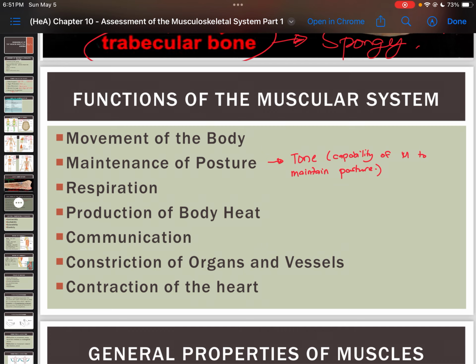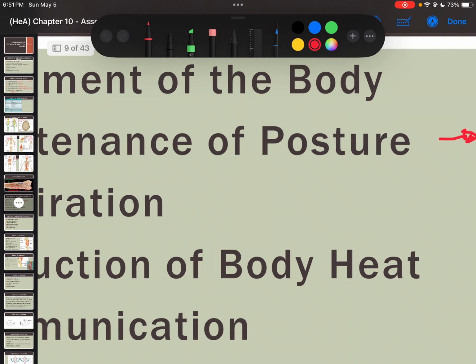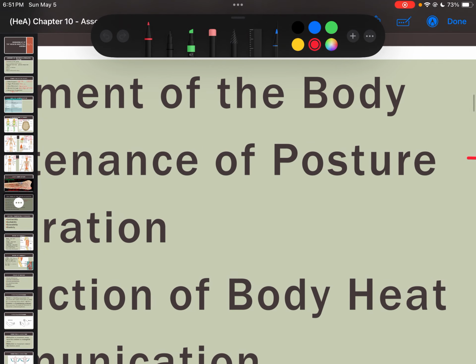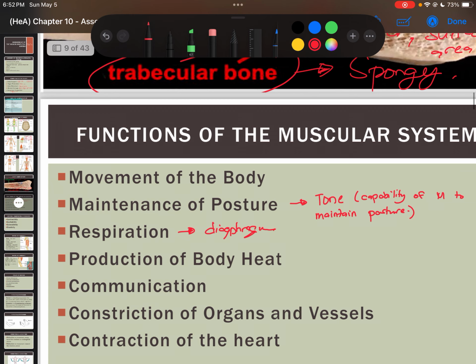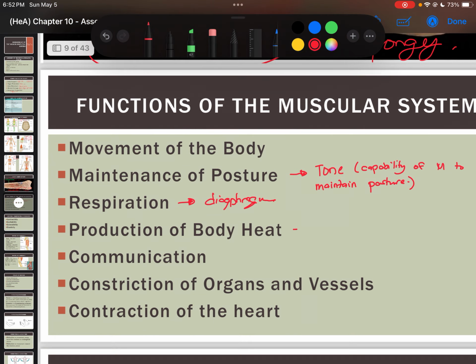Next is respiration. When the muscles of the rib cage, specifically the diaphragm, contract, it will allow us to breathe. Production of body heat, class. When the muscles contract, they will produce body heat.